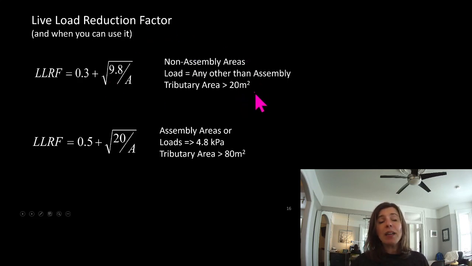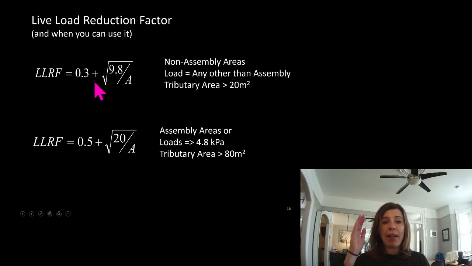But in a non-assembly area, if your object is holding up more than 20 square meters of area, the odds of that entire area being fully maxed out with load all at once goes down, and you get to use this live load reduction factor. It bottoms out at 30%.